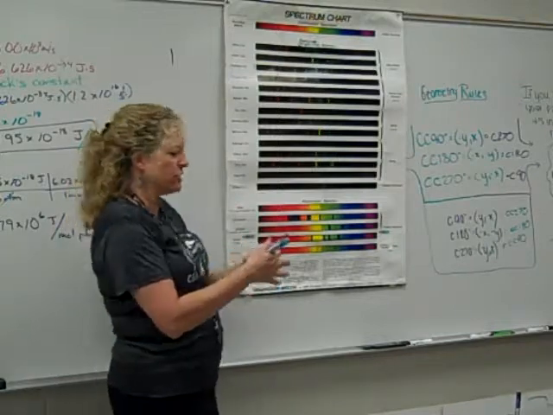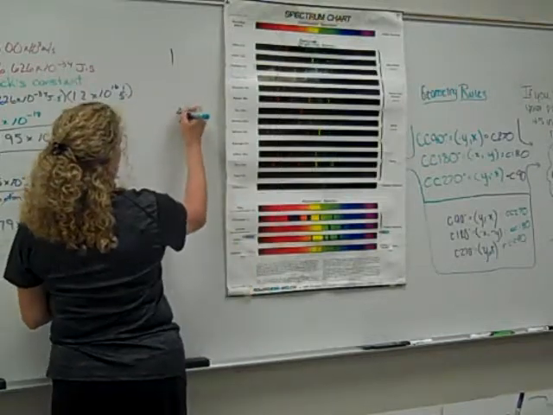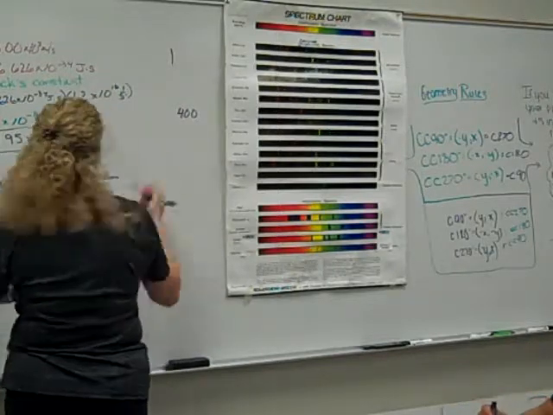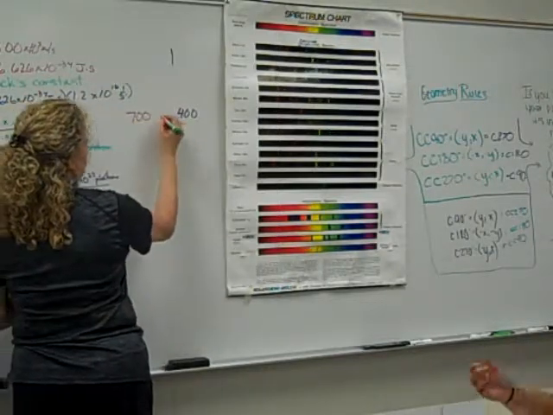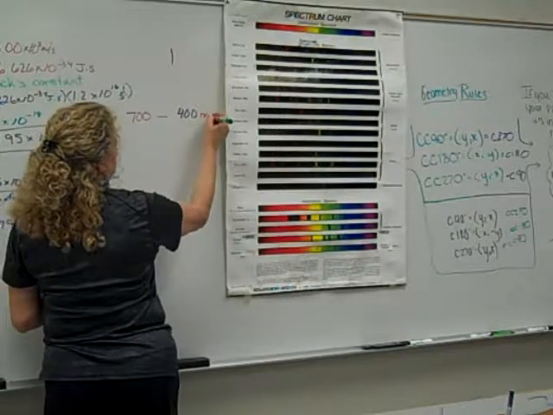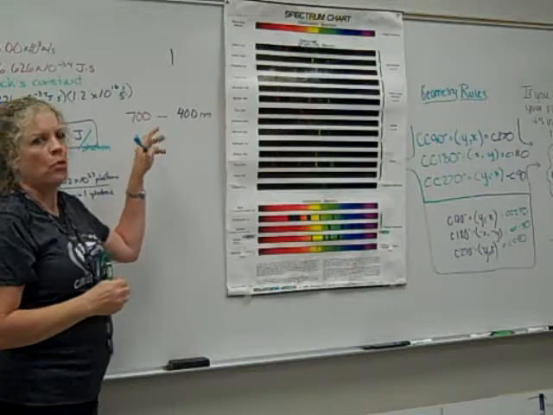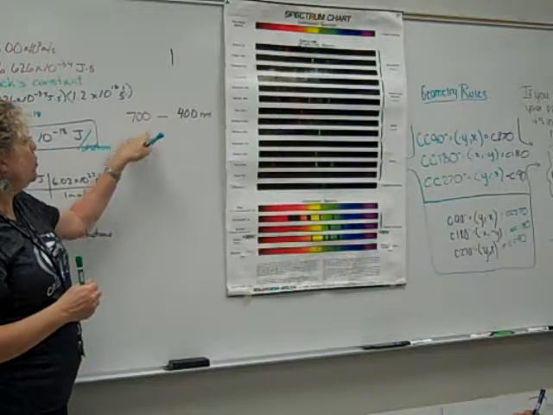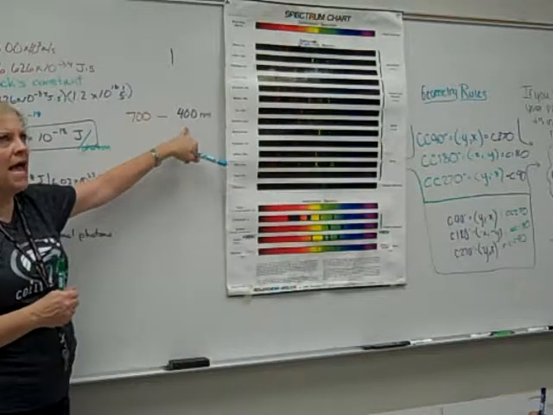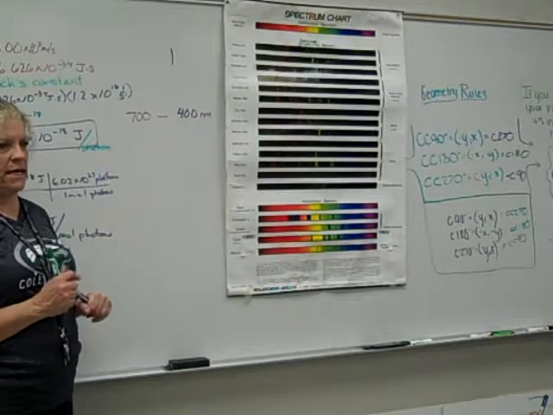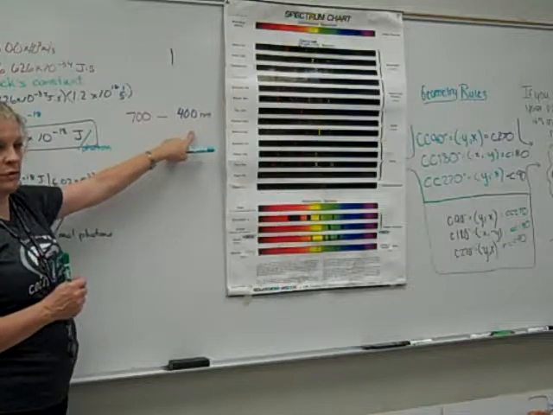And so here's the interesting thing. I want you to think about that. 400 to 700, and these are nanometers, okay? Which of these has the highest frequency? 400, right?